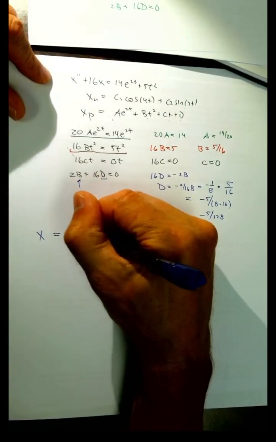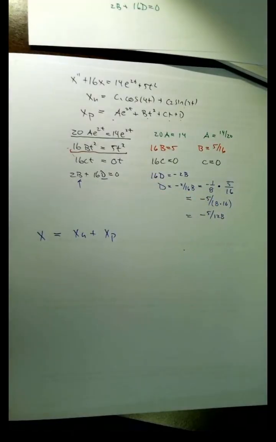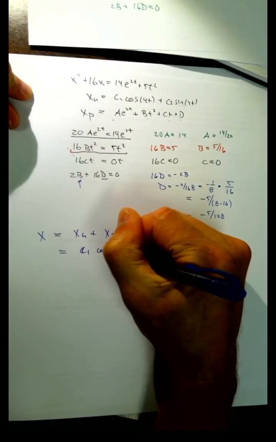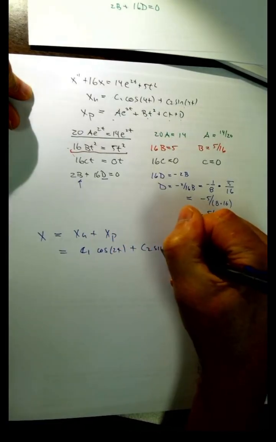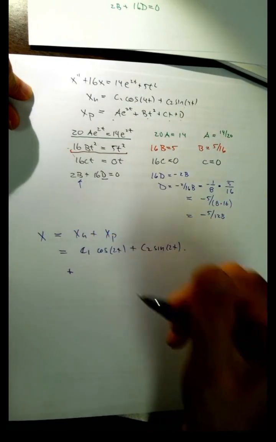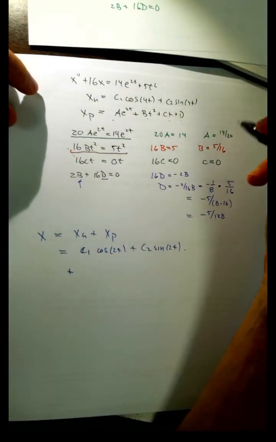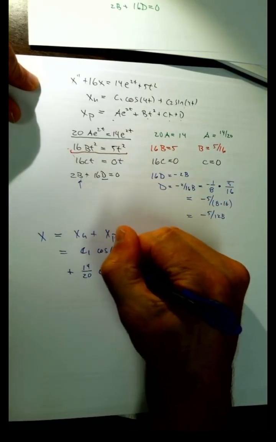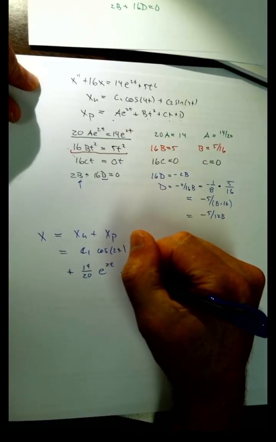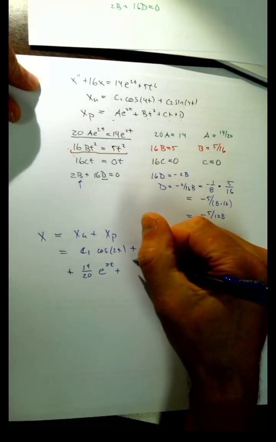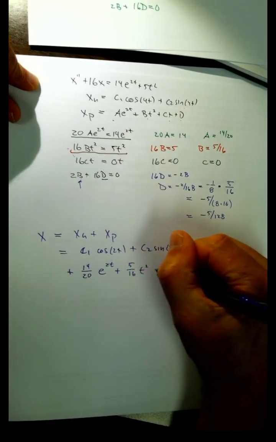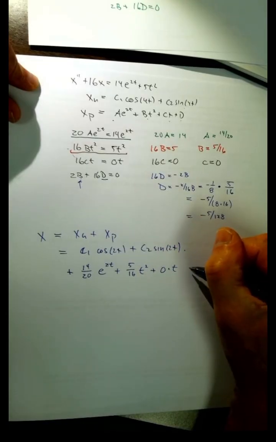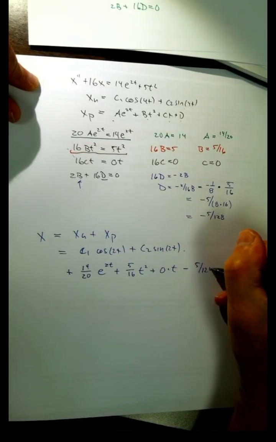So my solution then is the homogeneous plus the particular. Homogeneous solution is c1 cosine of 4t plus c2 sine of 4t plus, now the particular, a is 14/20 e to the 2t plus b is 5/16 t squared. c is 0, so 0 times t, and then d is minus 5 over 128.